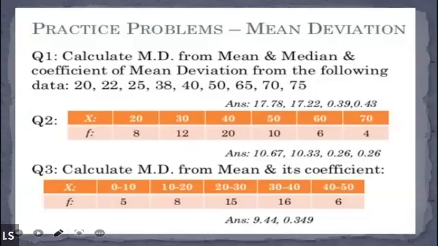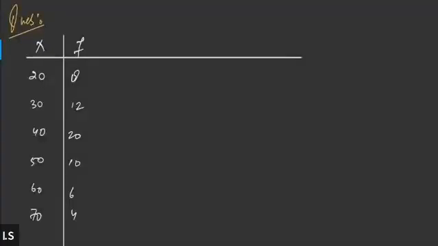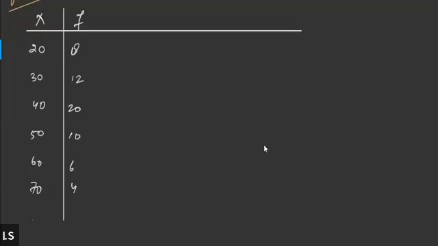So items are 20, 30, 40, 50, 60, 70. And frequency is 8, 12, 20, 10, 6, 4. Okay. So this is the question, Alexander.